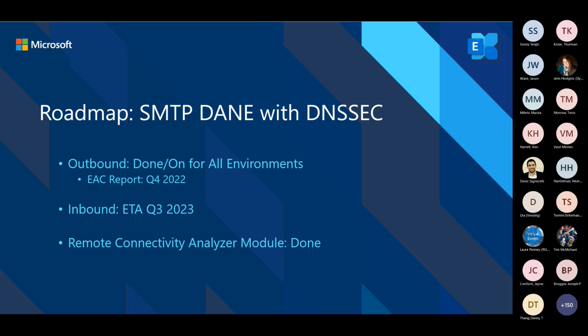And then we're working on inbound. It should be available fall of next year. And we also have available right now a remote connectivity analyzer module, and that is done and available through the remote connectivity analyzer test site.